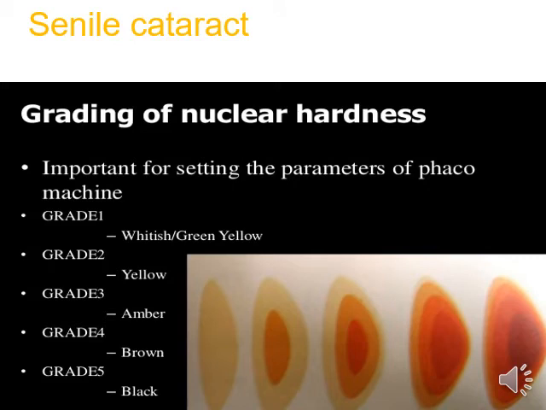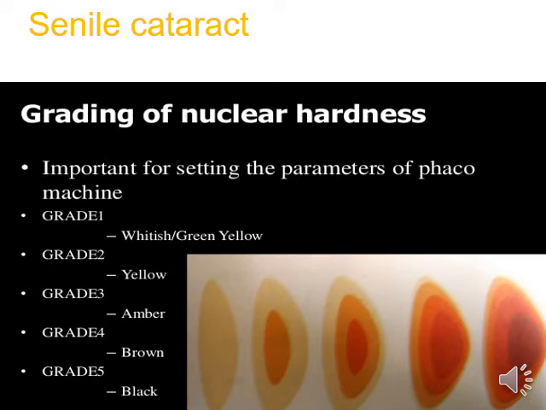In senile cataract, the opacity may affect the nucleus, causing nuclear cataract, or the cortex, causing cortical cataract. Nuclear cataract has different grades. Early, the cataract is just yellow.